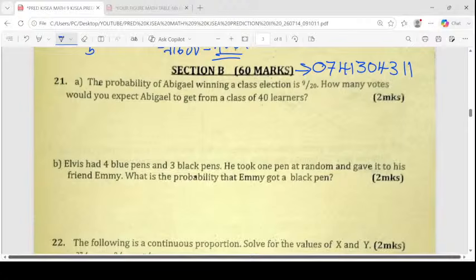Part A of the question. The probability of Abigail winning a class election is 9 over 20. How many votes would you expect Abigail to get from a class of 40 learners? So to compute the number of votes Abigail will get, it means Abigail will get 9 over 20 of the votes.